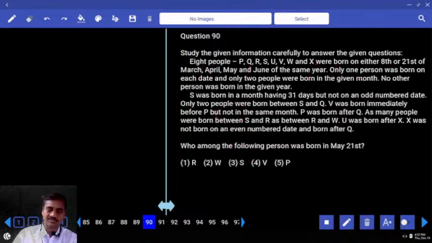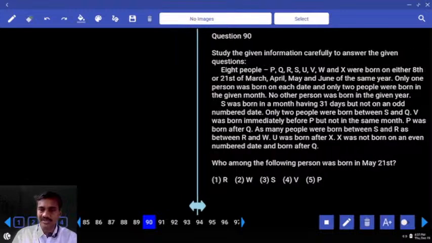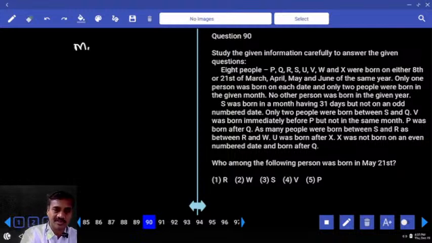Then coming to question number 90 onwards. Now in this 90 to 94, how many people are there? 8 persons. They were born on either the 8th or 21st of 4 different months. And what are the months given? 4 months. First the second priority, and definitely under the first priority, months and days.